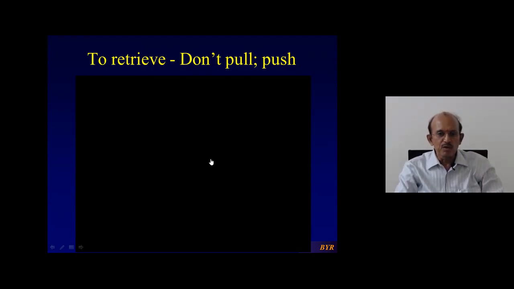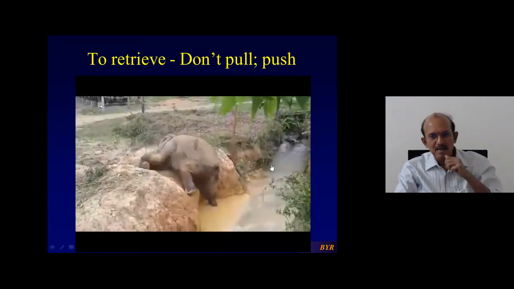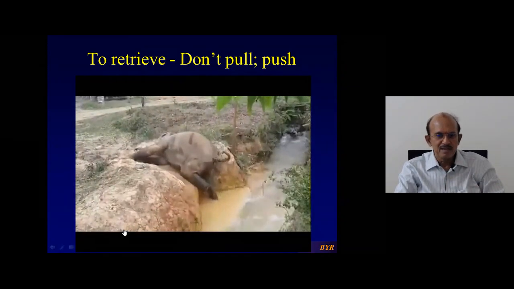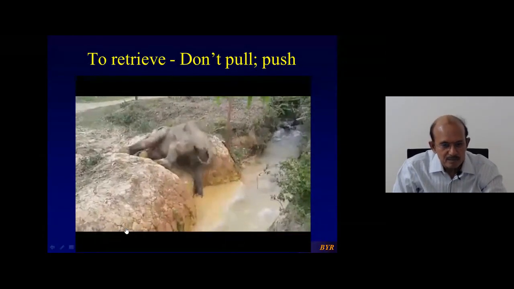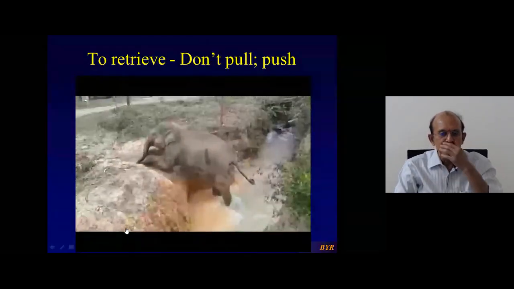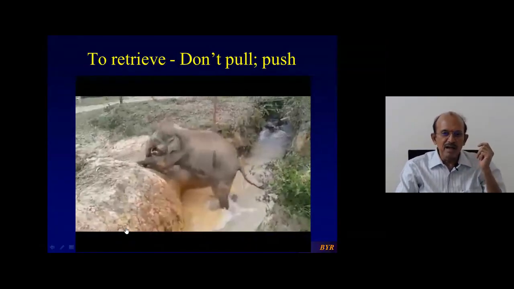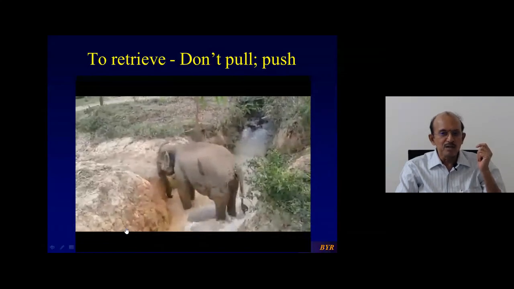So this is only to show you two elephants, a mother and child elephant, how the mother elephant saves the child elephant. A small video clip to highlight the point. You can see here a baby elephant has slipped into a canal. She is trying hard to come out.